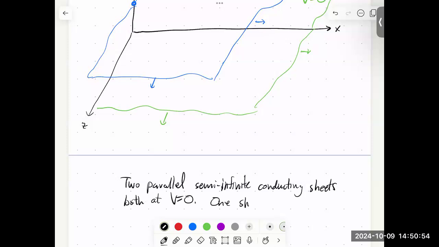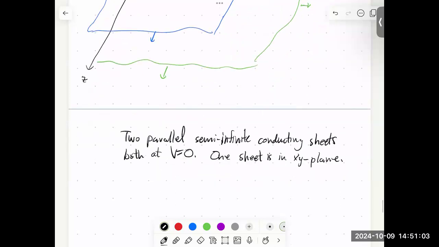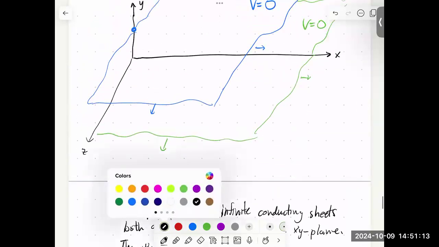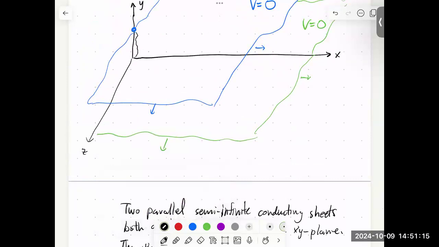One sheet is in the xy plane. The other is at y equals a. Okay, so this point here is a height a above the xy plane.